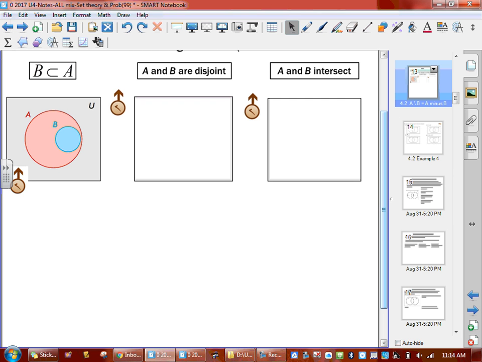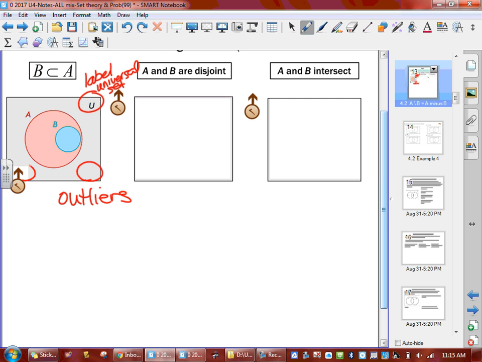We always label the universal set in the top right. Okay, so the universal set label is always in the top right. If there's any outliers, outliers are in the bottom right or bottom left of your diagram.